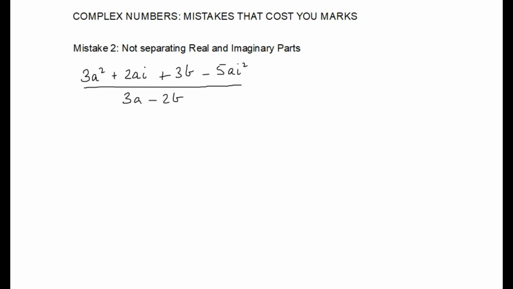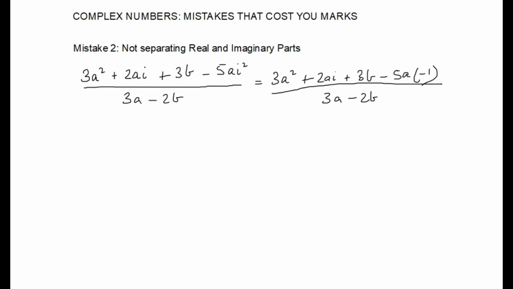So I'm going to simplify it. The first thing I want to do is replace all the i squareds with negative 1. So 3a squared plus 2ai plus 3b minus 5a times negative 1, the whole thing divided by 3a minus 2b.